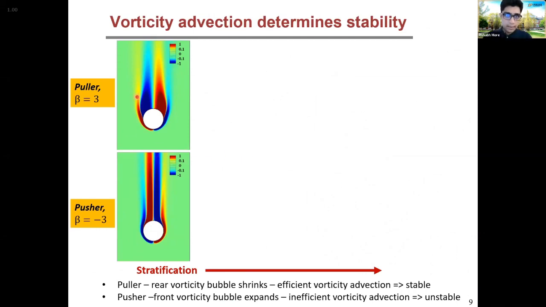And moving forward, another reason why the stability of these swimmers changes can be found by looking at these vorticity bubbles. So as the puller swims, it has this vorticity bubble behind it at high Reynolds numbers, while for a pusher, that vorticity bubble is in front. So as we increase inertia, the size of this vorticity bubble increases for a puller, which basically obstructs the convection of vorticity downstream, and that's the reason it becomes unstable.